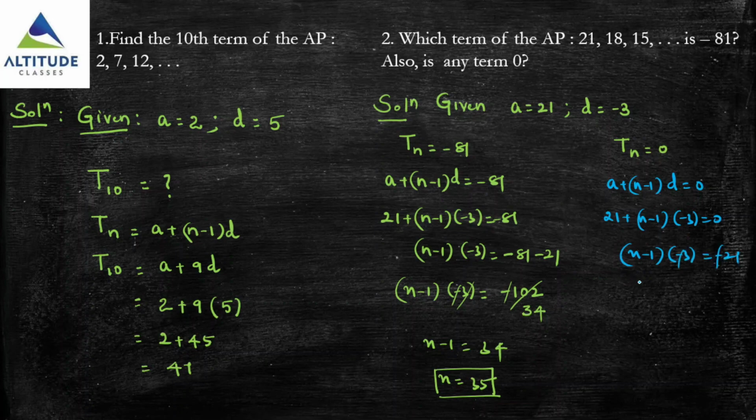Minus minus will get cancelled. N minus 1 is here how much? 21 by 3. N minus 1 is equal to 7, n is equal to 8. So the 8th term in the progression is 0. Yes, we can say 0 is a term in the given arithmetic progression.